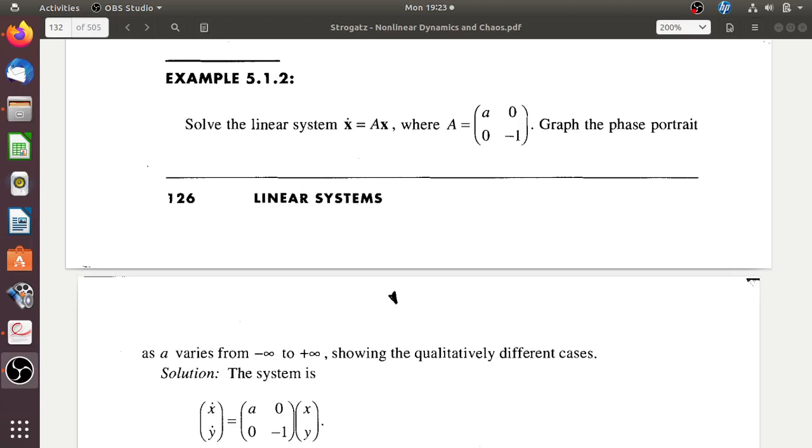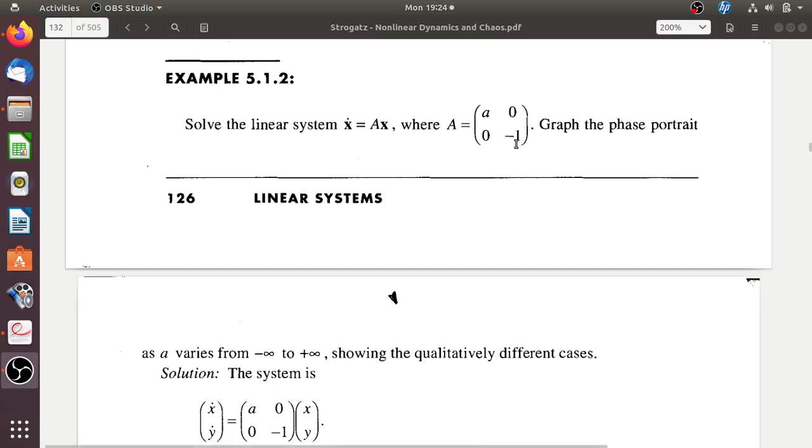In this video, we shall see an example of how the linear system is going to behave. The A matrix which we have taken is in this form: A is some number, these two entries are 0, and this is -1.